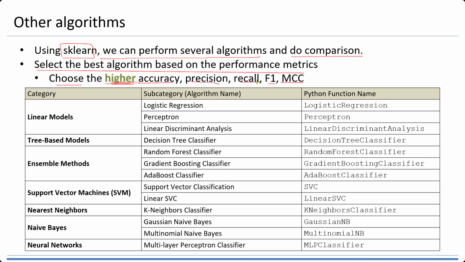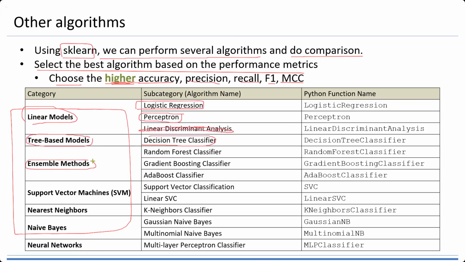So the categories can be distinguished into these. In classification, we have the linear models. The linear models means we use logistic regression, we can use the perceptron, we can use linear discriminant analysis. For the tree-based model, we can use the decision tree classifier.